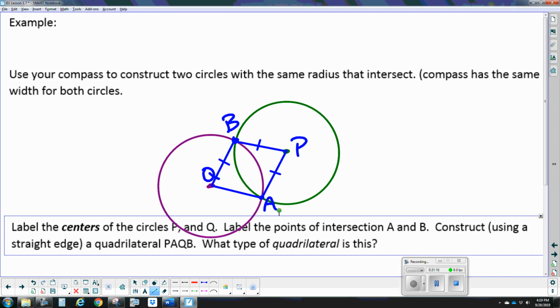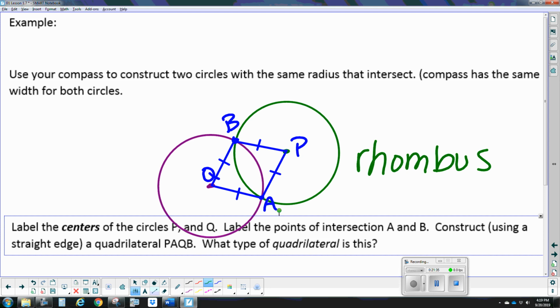Therefore, BQ is the same as PB and PA. And then lastly, QA is also a radius, so we know that it's the same distance as the other three segments. So what kind of quadrilateral do you know that has four congruent sides? Now we don't know anything about the angles, we just know that the sides are congruent. Therefore, this is a rhombus.